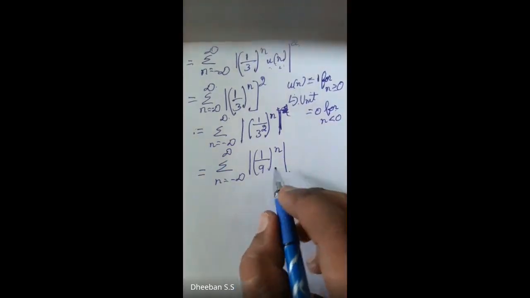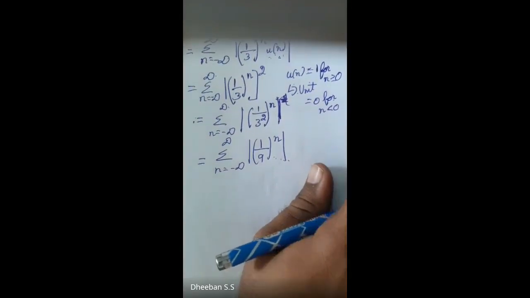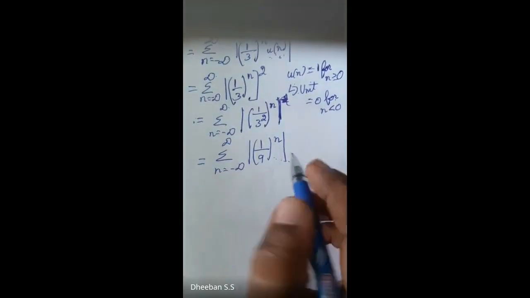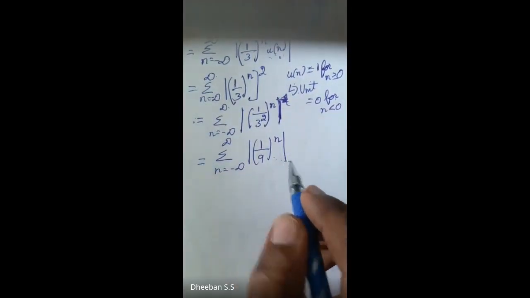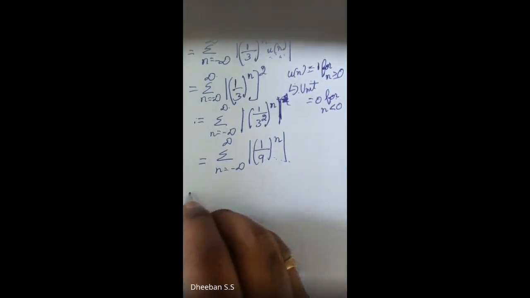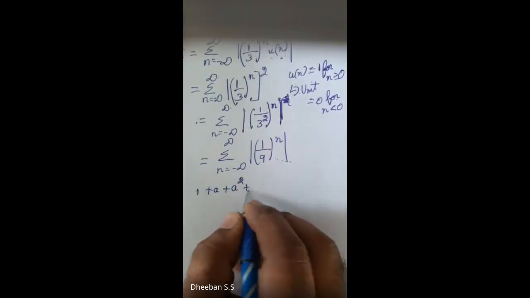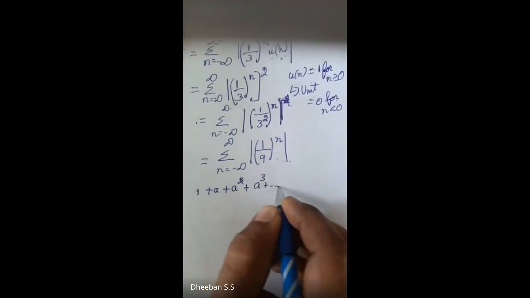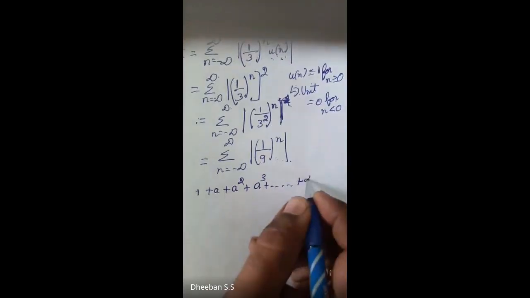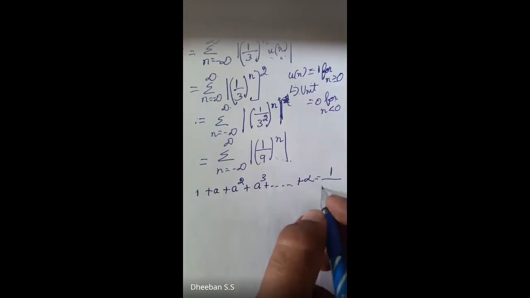So this is the thing over here. For this there is a mathematical formula for solving it. The formula is 1 plus a plus a square plus a cube up to infinity, and you'll be getting 1 by 1 minus a.